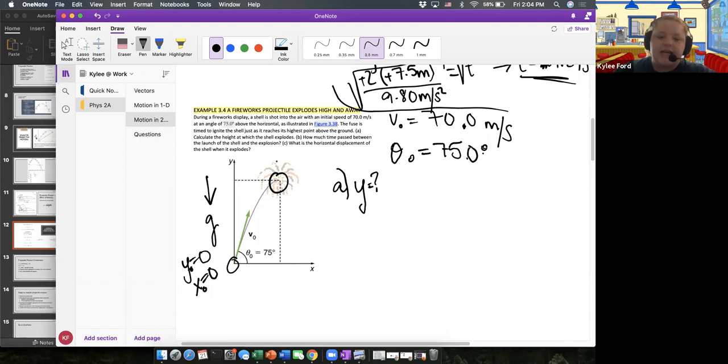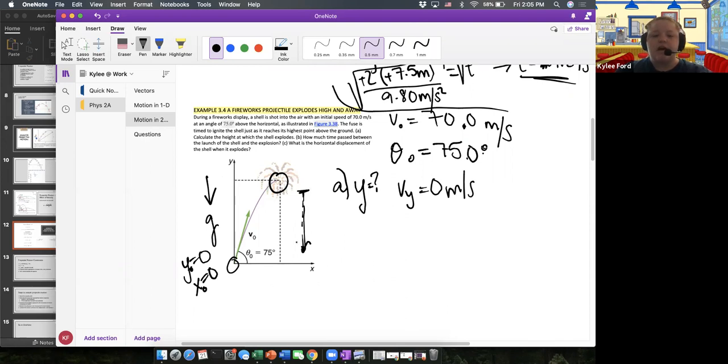Remember with free fall, when a ball gets thrown in the air and then comes back down, at that peak point our velocity in the y direction is 0, because the ball goes up, slows down to a stop, and then falls back down. So our Vy at that maximum point is 0.